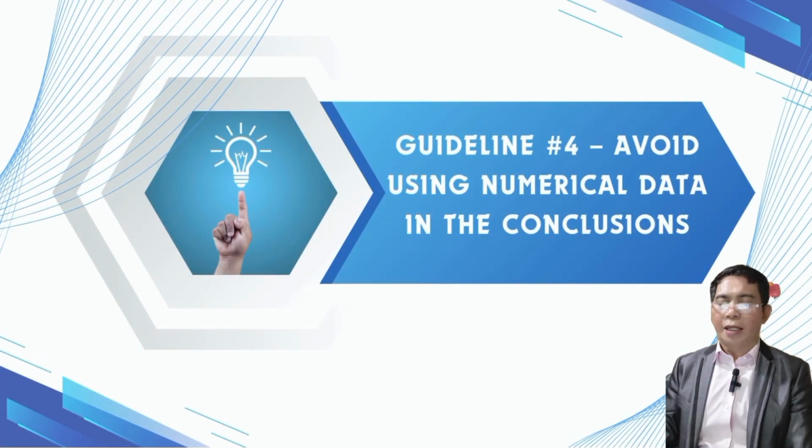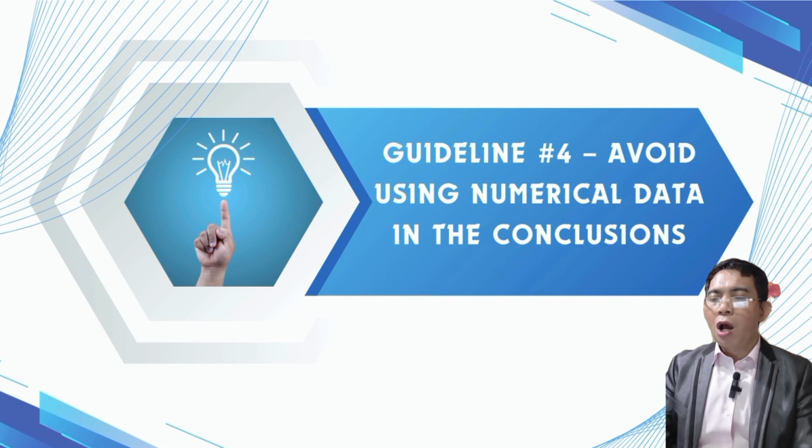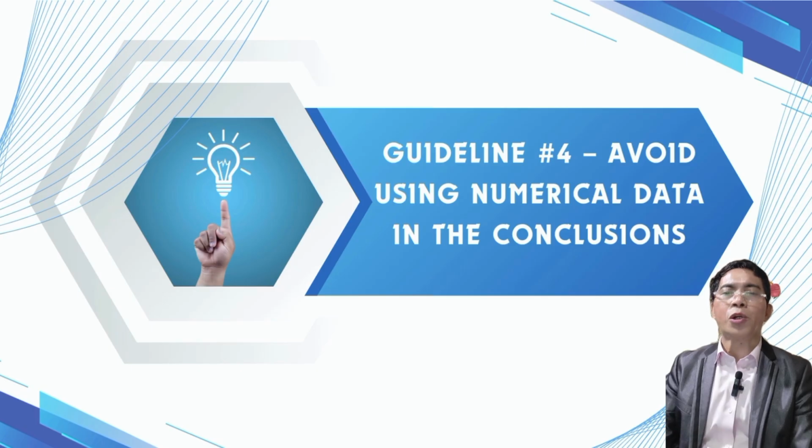For guideline number 4, avoid using numerical data in the conclusions. Conclusions should be written in a narrative form. Do not include statistical figures or numeric values in this manner. Follow the required format set by your institution. Your statements and realizations must clearly link back to the findings, but in descriptive terms rather than quantitative data.